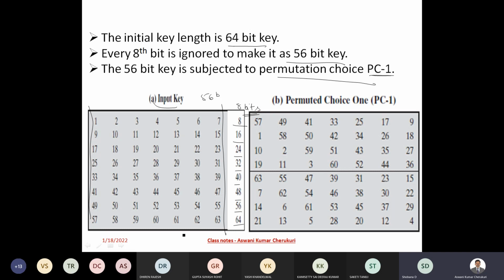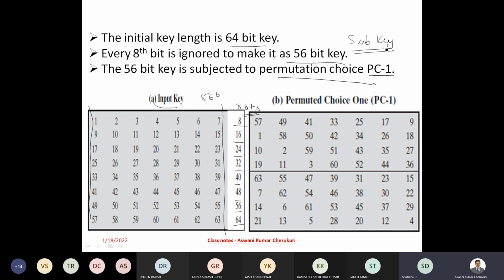Now, from that 56-bit key, what do we have to generate? Can somebody tell me what we have to generate? Subkeys, right?